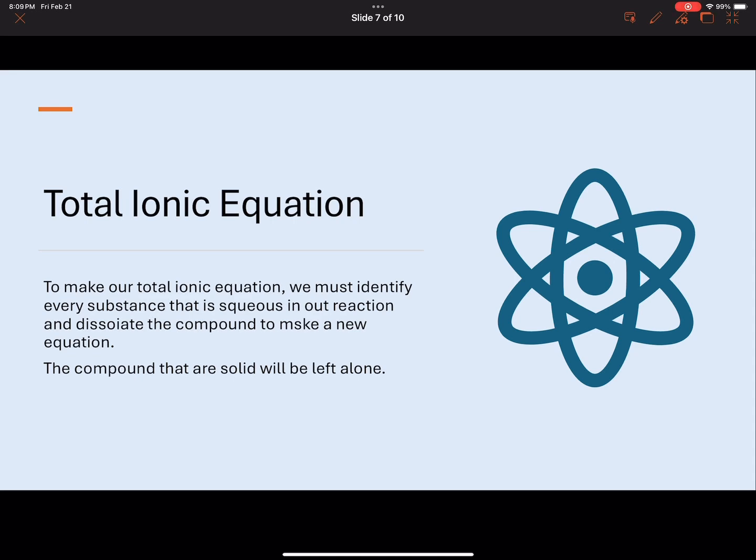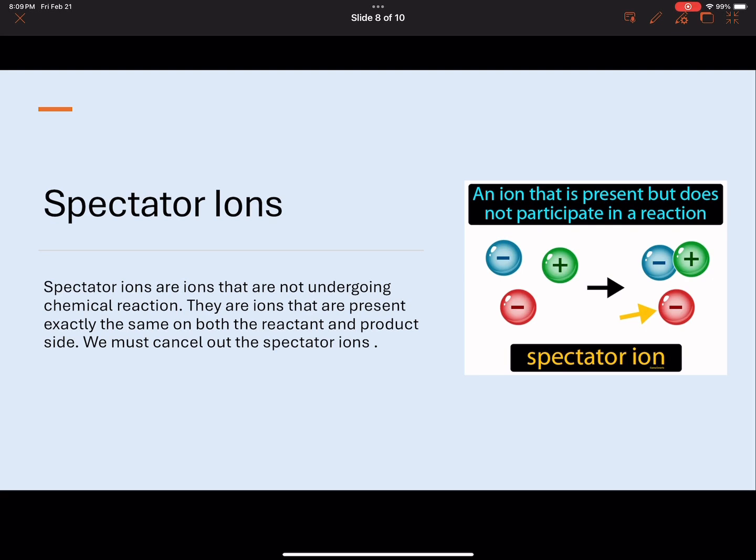Now we can make our total ionic equation. To do this, we have to identify all the aqueous substances in our reaction and dissociate the compound to make a new equation. So this equation is essentially the singular ions plus the compounds that are non-aqueous. Okay, now we need to cancel out our spectator ions, which are simply ions that do not undergo chemical reactions.